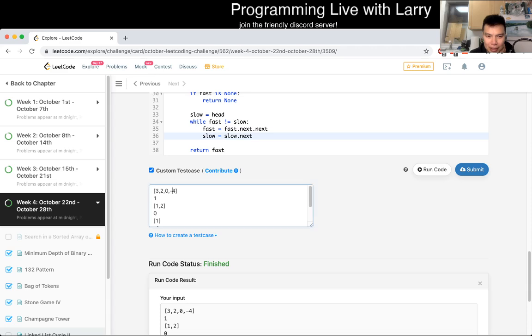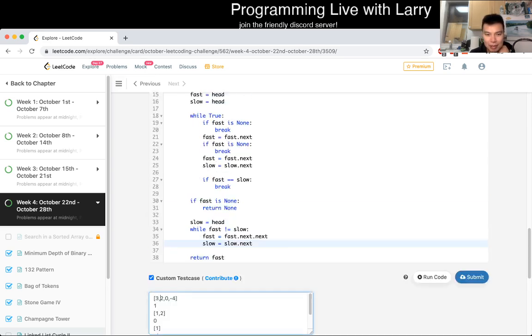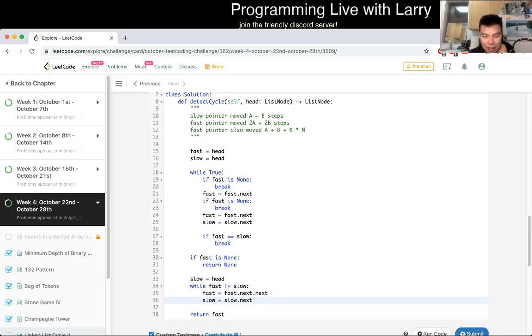So it meets here, and then now it goes to the beginning. You go just with 1. Oh, it jumps over it. Huh. Is that right? I guess so, but man, I'm way awkward on this one.